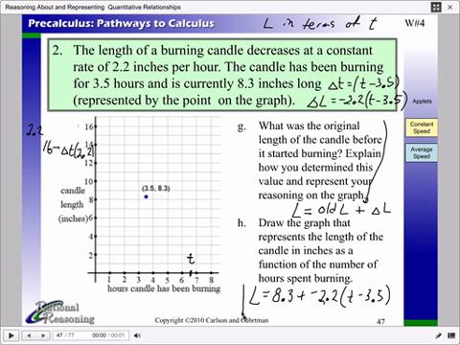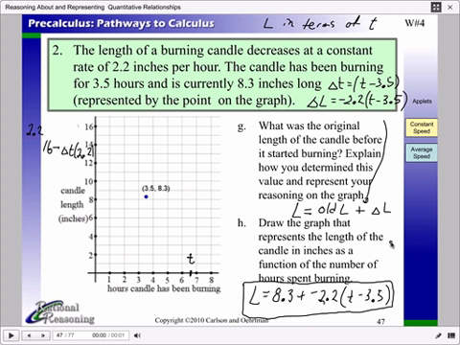I know, you're all convinced your way is better. But we start with a change in t from a point that we know. We get the change in L by taking negative 2.2 times that.